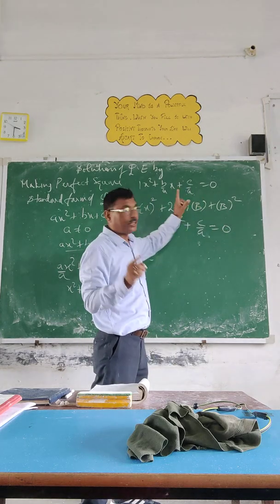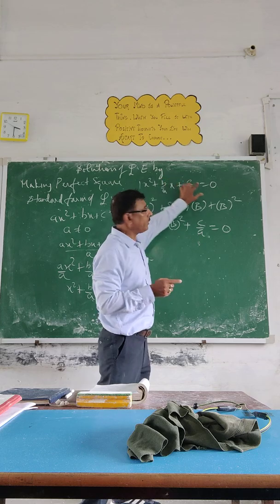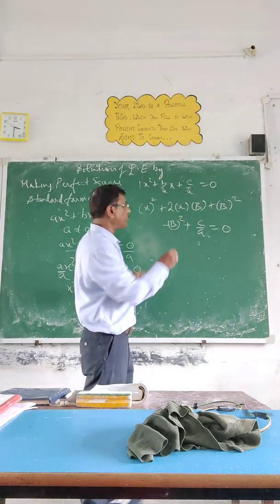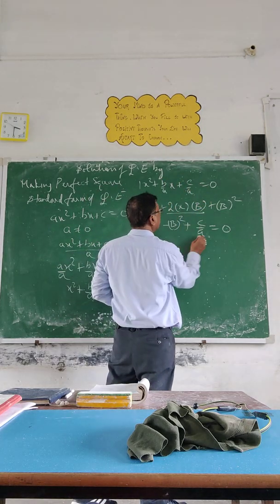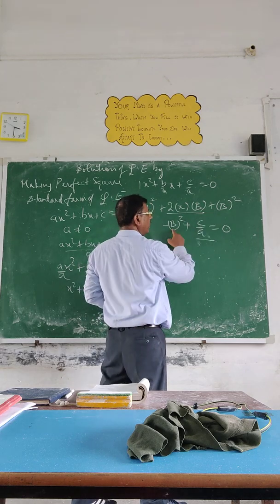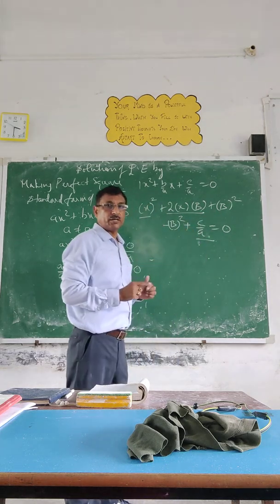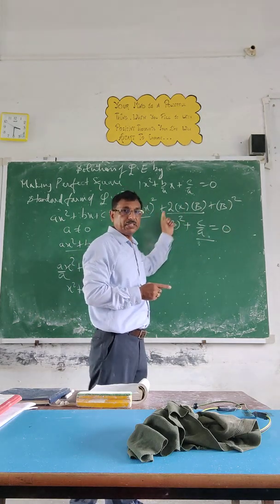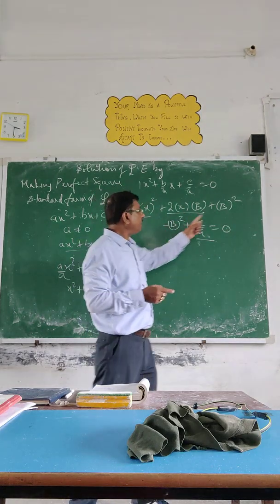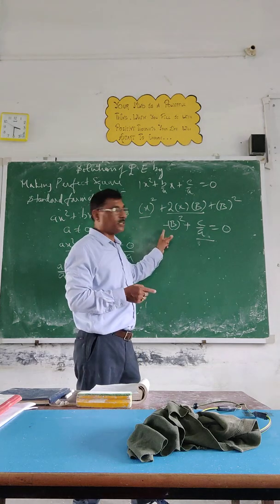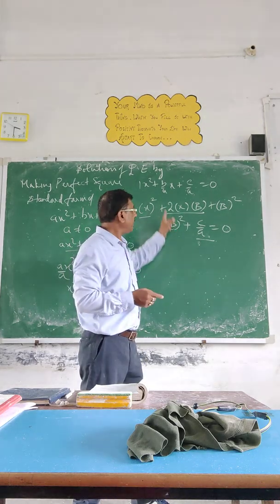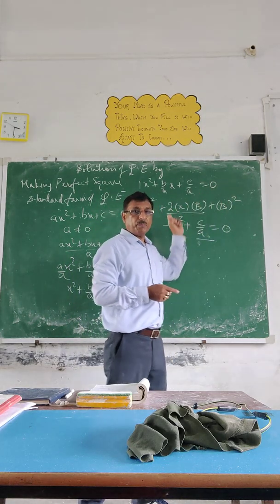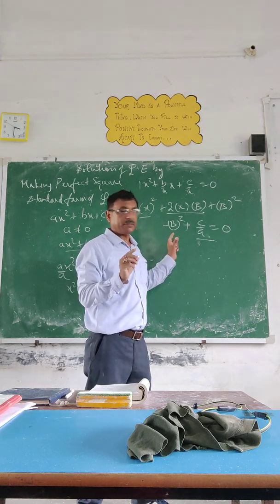This equation has only 3 terms, 1, 2 and 3. I also have 3 terms, 1, 2 and 3. These two are equal and opposite, so they will cancel each other. You understand? This is the adjustment. You have introduced this b square and this minus b square so that it becomes the perfect square. This is the only method.